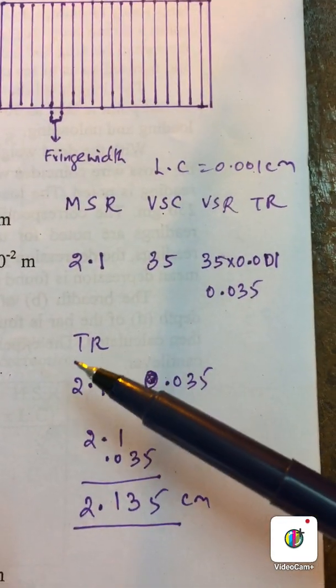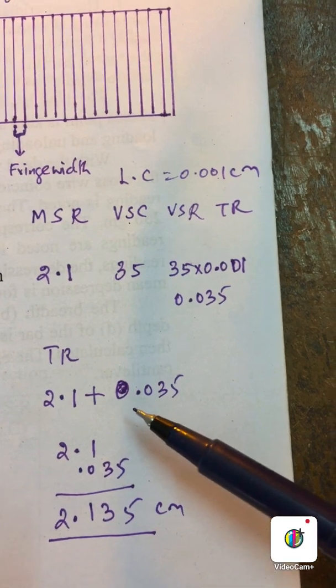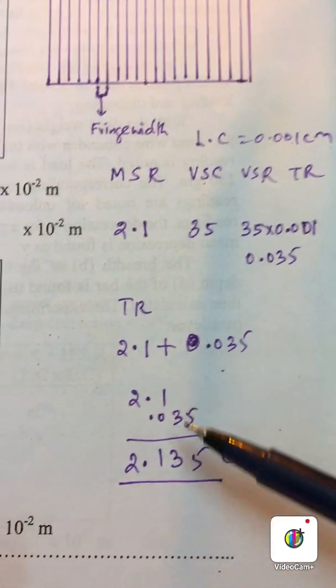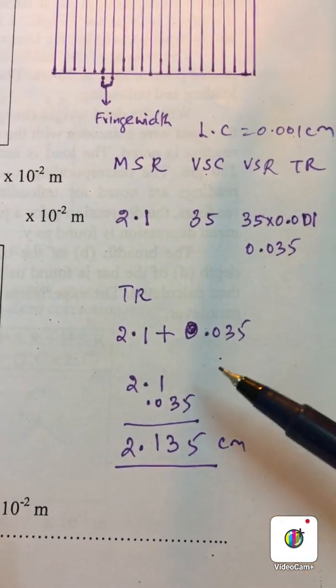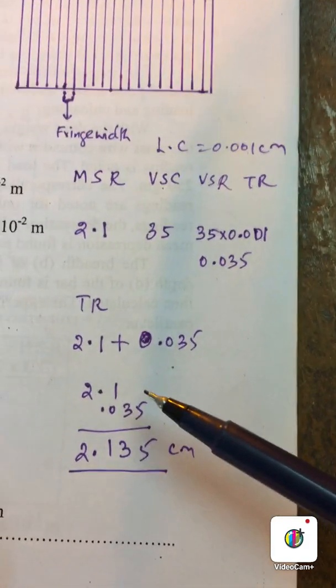Now the total reading is 2.1, the main scale reading, plus the vernier scale reading 0.035. If you add these two, you will get 2.135 centimeter.